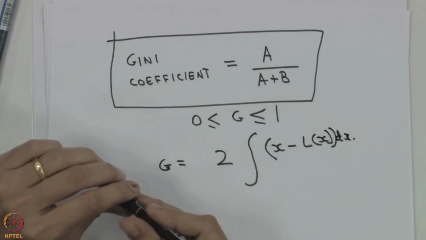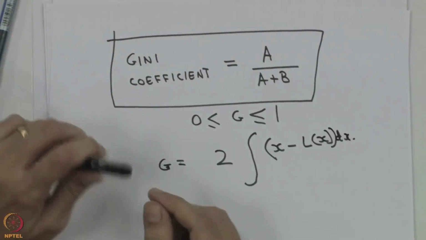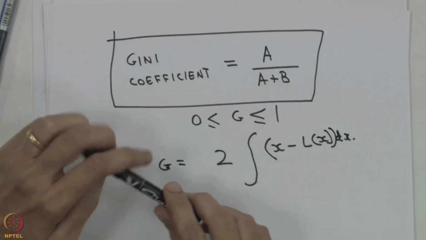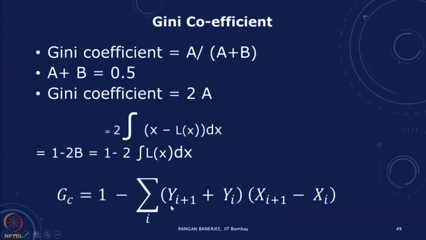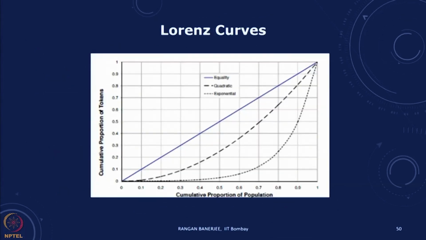And if we approximate it, if there are points and we use the trapezoidal rule, you can also show very easily that this is equal to, if you have points xi and yi, the area in this form. And so, given a set of data, you can calculate the Gini coefficient.